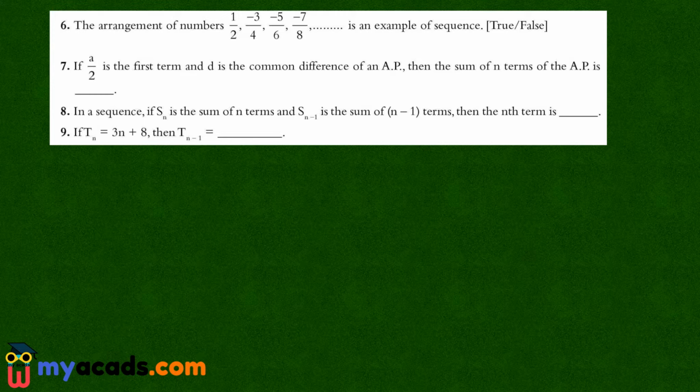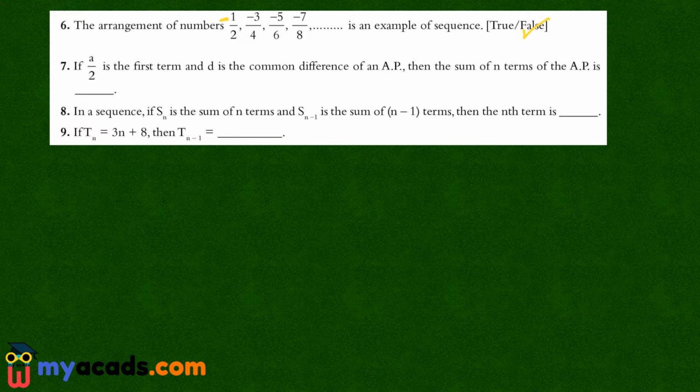So it means it is not following any logical order. So this is not a sequence, so the answer is false. However, if in this question my 1 by 2 is minus 1 by 2, then it will be a sequence. So at present the answer to this question is false.